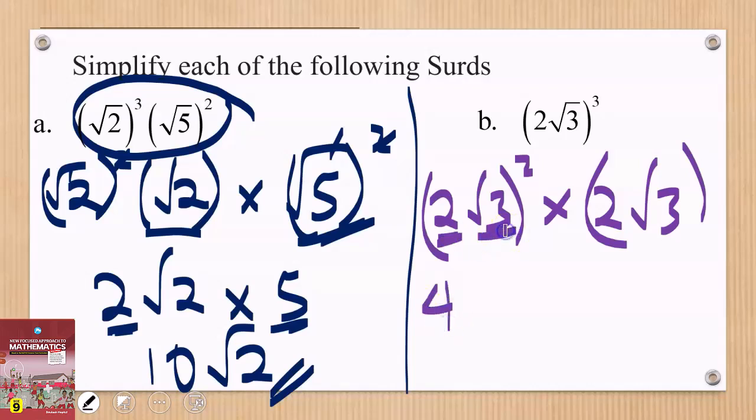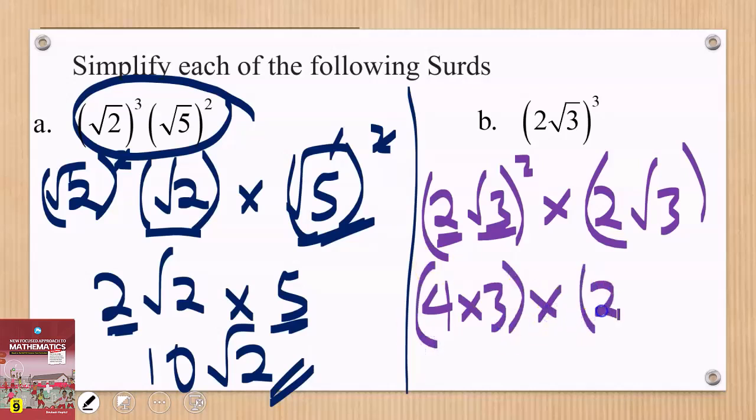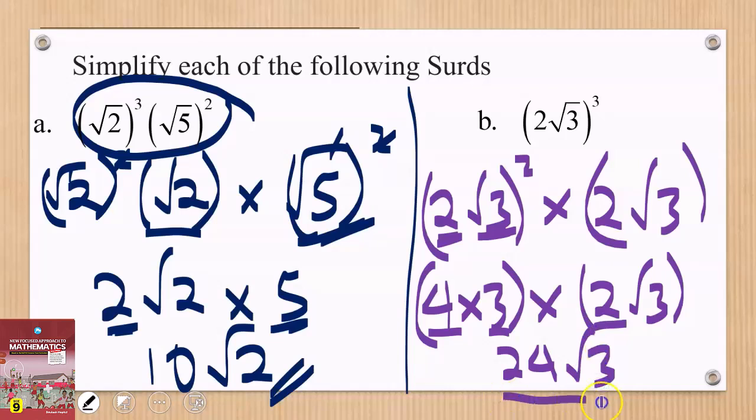When we square root 3, the root will cancel the square, so we are left with 3. So that is the first part. Then times, here we have 2 root 3 as it is, we can leave it like that. Now we can multiply 3 times 4, which is 12, and 12 times 2 will give you 24. Then we keep our root 3, and that becomes the answer. I hope it makes sense.